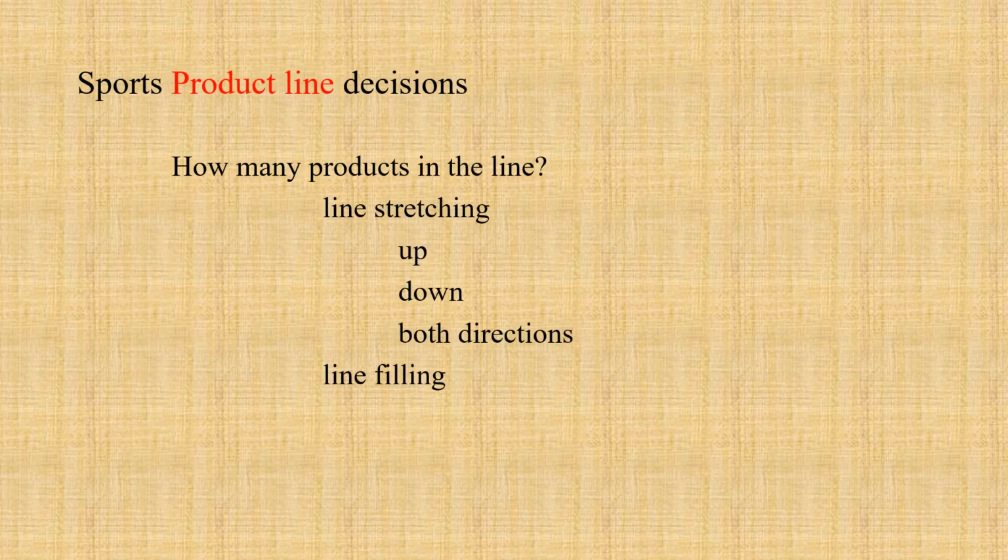Now, let's talk a little bit about sports product line decisions. So, you're a golf club manufacturer and you decide you're going to start producing golf club drivers, the club that hits the ball the furthest. Well, how many products should be in that line?